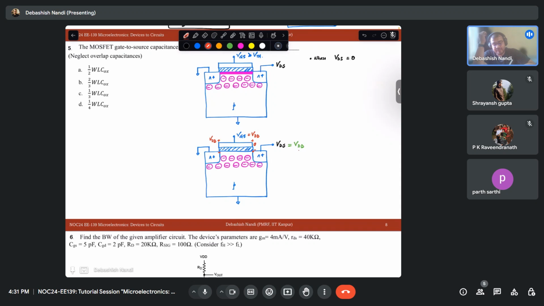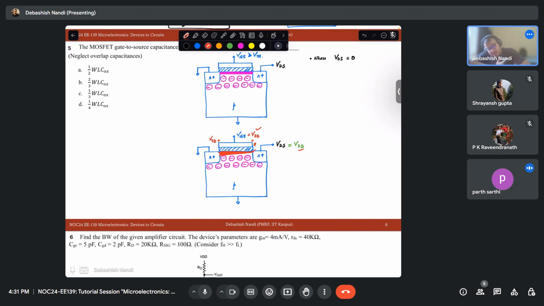Because drain is also at VDD, gate is also at VDD. Yes, sir. So your channel will be something like this. Okay? It will be like a trapezoidal. Yes, sir.